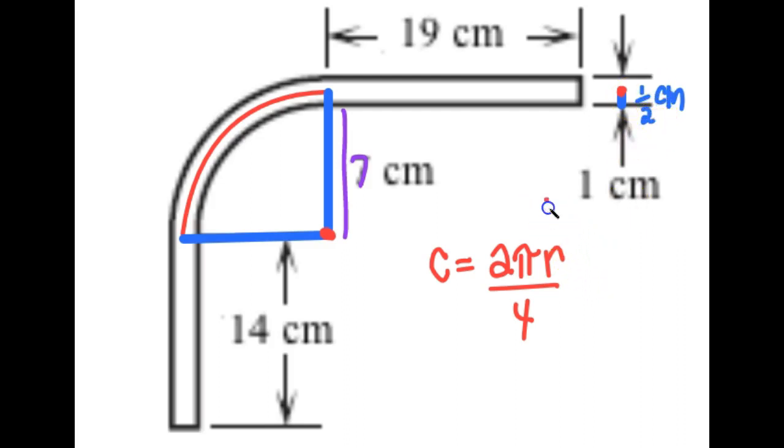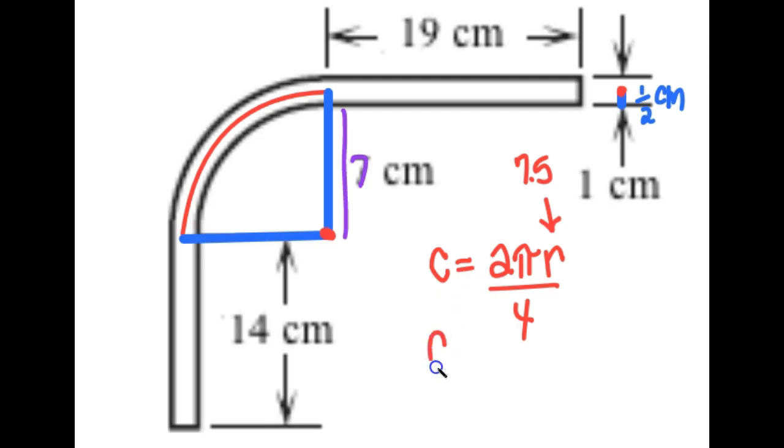So the radius that we put in here is going to be 7.5. So 7 from the center to the edge of the pipe, and then another 1/2 centimeter for the radius of the pipe itself. And that's how the length of pipe is measured.